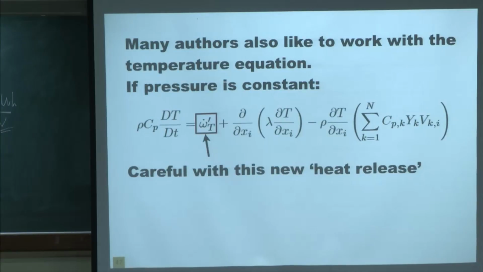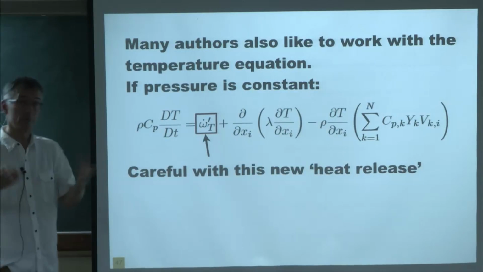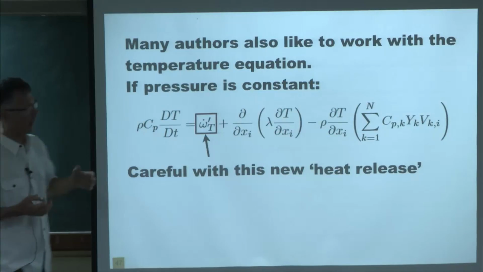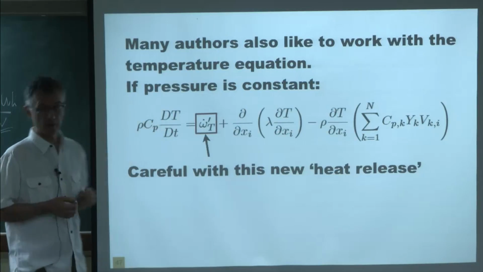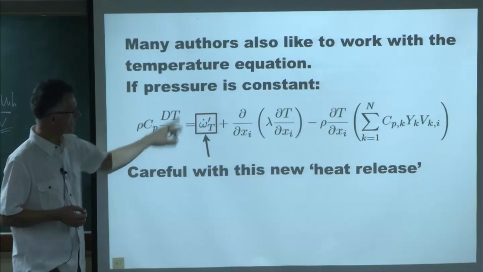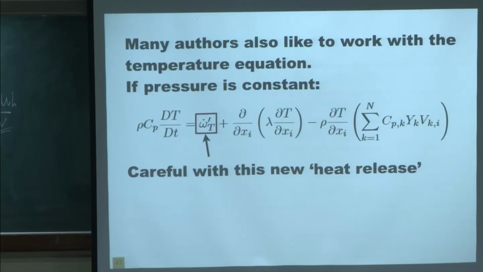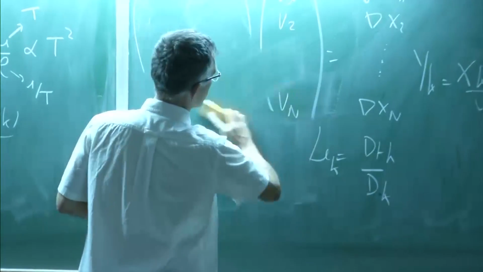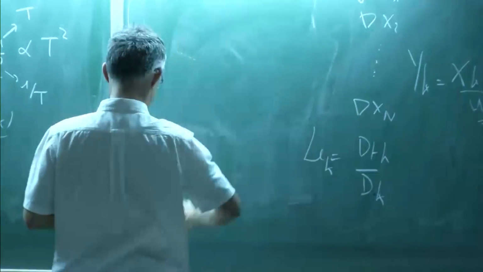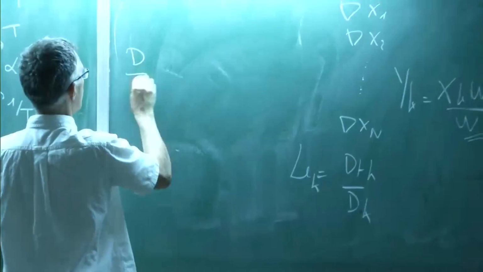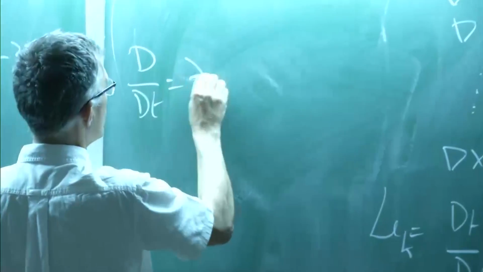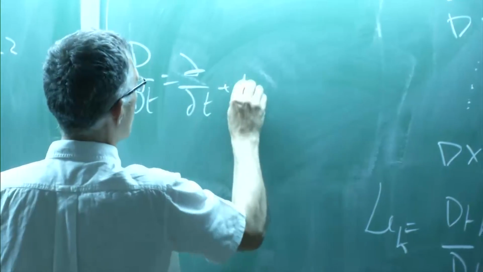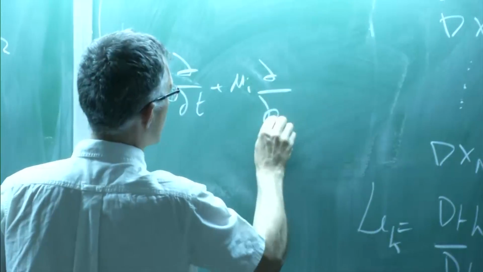There's one equation that people like to work with because I guess it's simpler to use and more intuitive. It's to look at the temperature. Just by the way, the notation here, this big D is the total derivative. That's a convenient way if you need to work on these equations. D over dt is d over dt plus ui d over dxi.